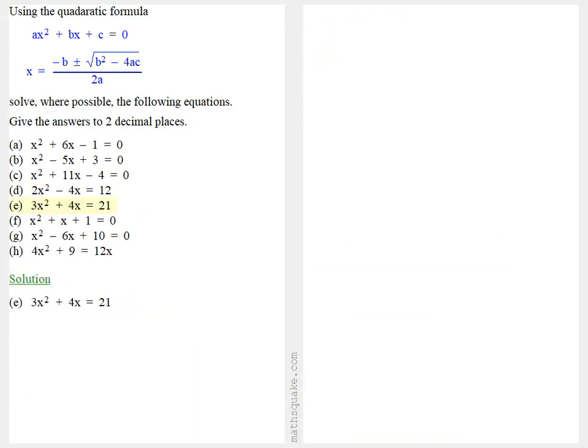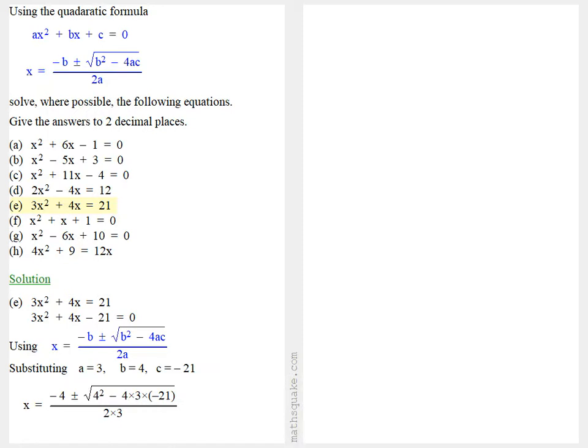In part E, we have the equation 3x squared plus 4x equals 21, which we have to put in standard form, which is 3x squared plus 4x minus 21 equals 0. So if we substitute in the formula, we have a is equal to 3, b is equal to 4, and c is equal to minus 21.